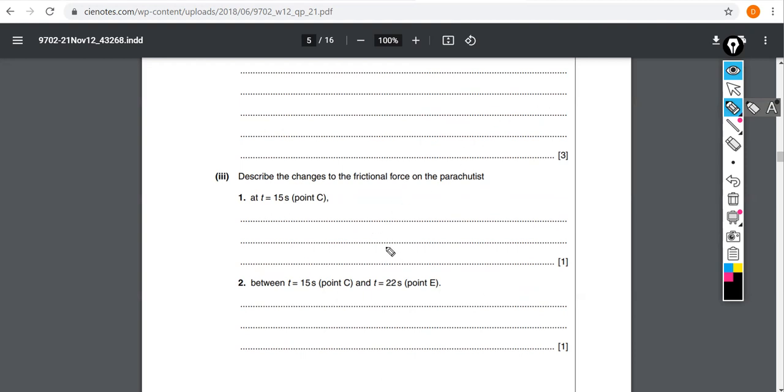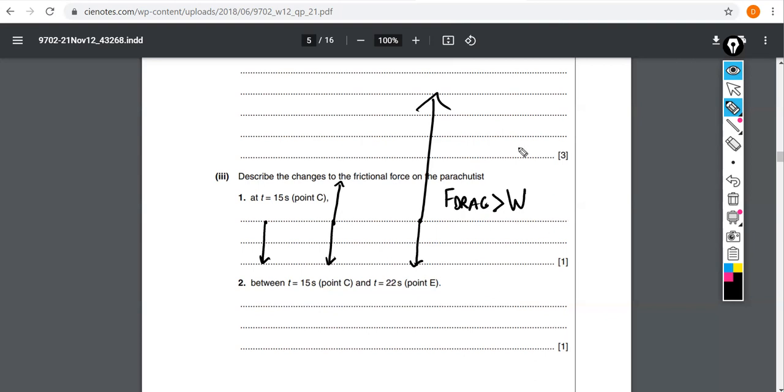So we could keep the same thing going. If our weight was initially 2 lines down, and then right before point C it was 2 lines up due to drag, then at t equals 15, point C, that's where we go like that. That's when the drag force becomes greater than weight.